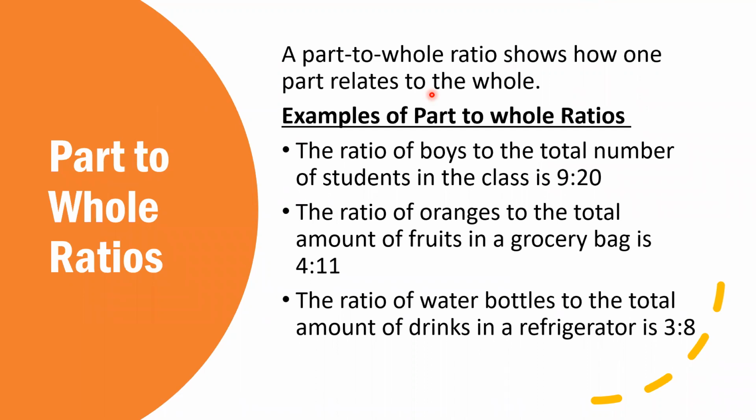So we defined ratio, we looked at 3 ways that we can represent a ratio, and then we talked about the 2 types of ratios. Can someone tell me the 2 types of ratios that we have? Part to part and part to whole. Very good. All right, so let's move on.